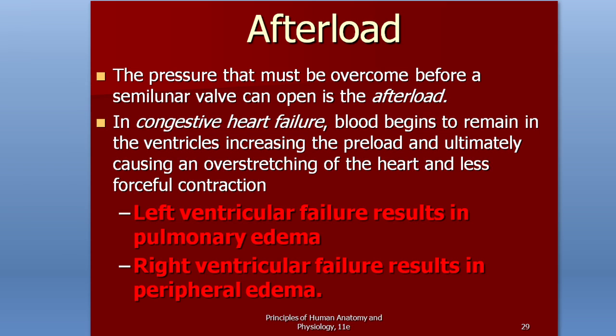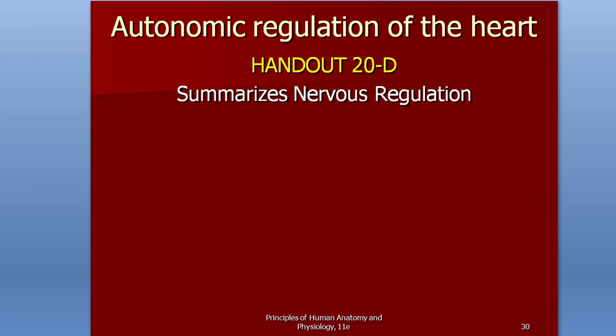Now, we've got a couple of handouts that are going to talk about the contractility regulation. So our heart stroke volume can also be regulated by the nervous system and by the hormones, the endocrine system.